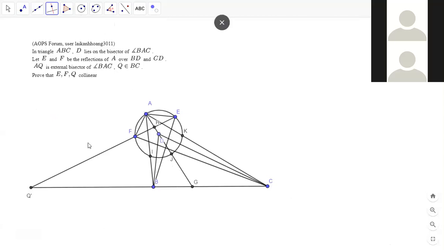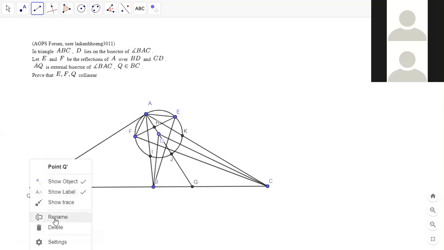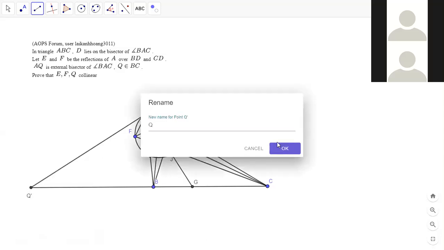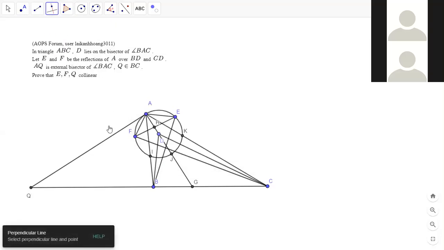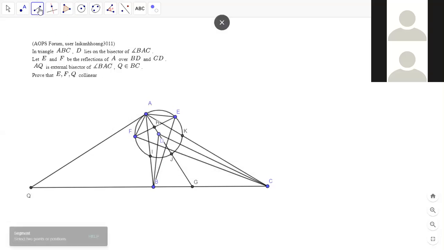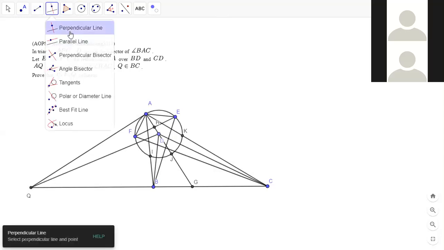Okay, so I'm going to get rid of Q prime and just call it Q. So we draw the perpendicular to DQ, and it intersects the circle of AEF at a point.